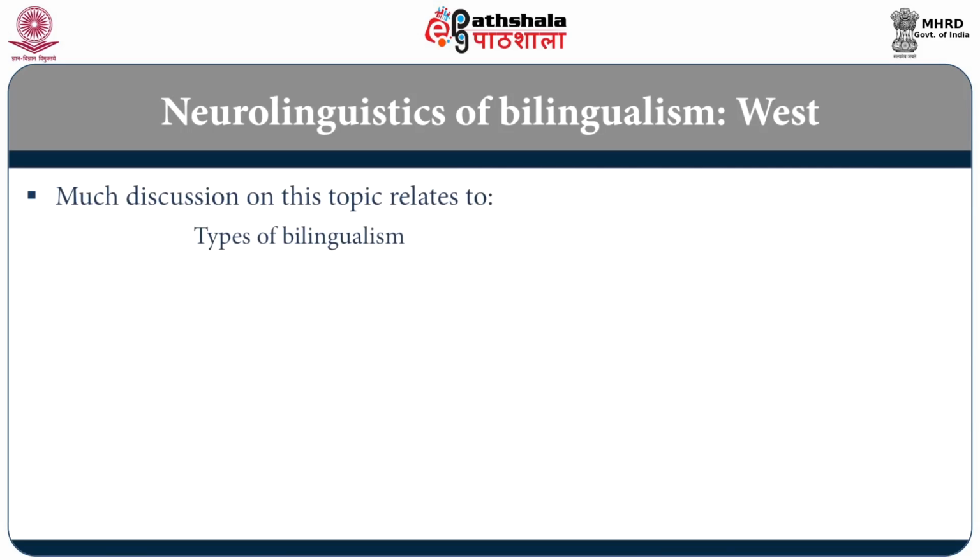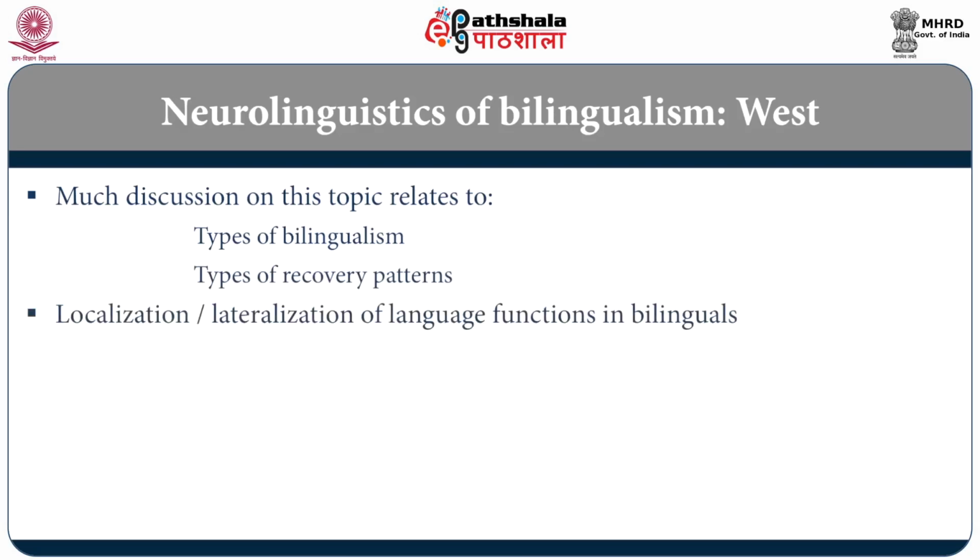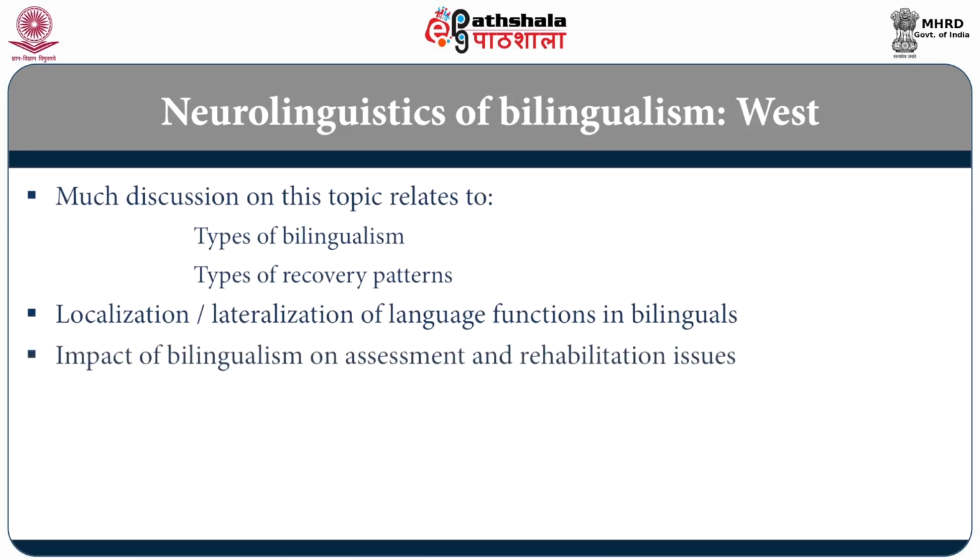Is it coordinate or subordinate, sequential or simultaneous? Or recovery patterns: how do aphasic patients recover? Or even localization and lateralization of language functions in bilinguals, or the impact of bilingualism on assessment and rehabilitation issues. These are the main topics neurolinguistic research coming from the West dealt with.